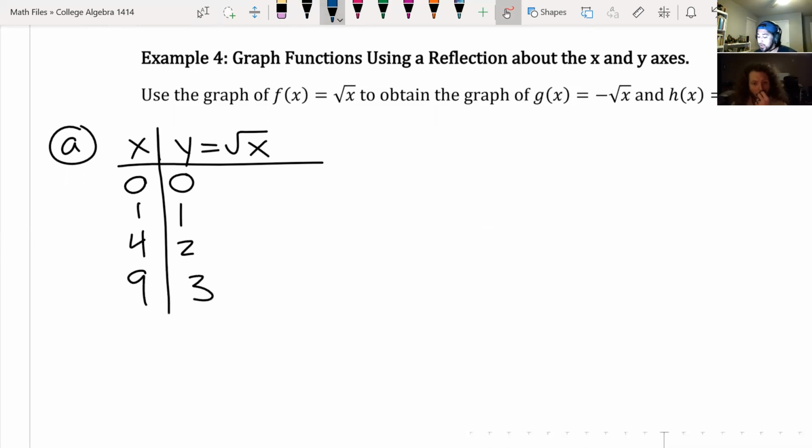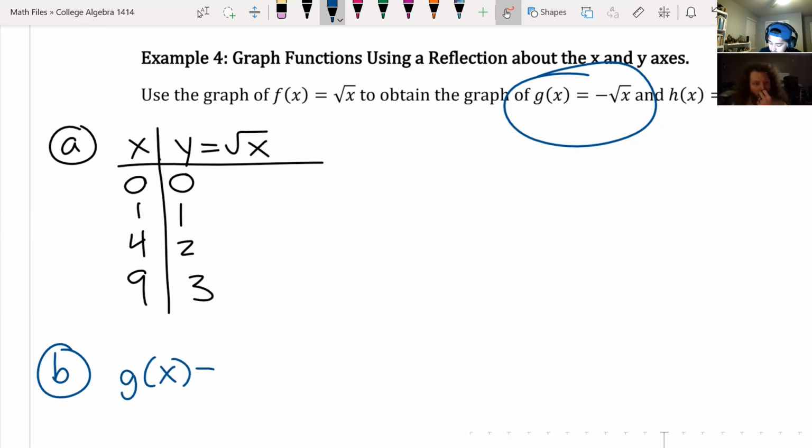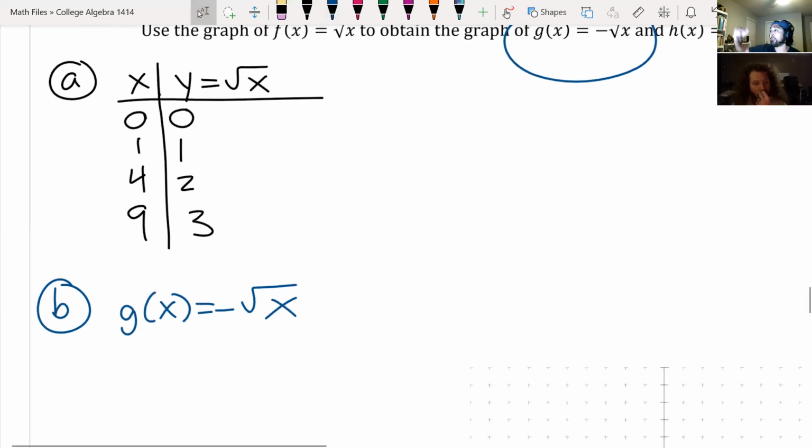All right. And now we're going to start with our reflection over the x-axis because the negative's on the outside. So b, we're going to use g of x equals the negative square root of x. And since we're reflecting over the x-axis, it's another type of vertical transformation because we're changing the values of the y's.